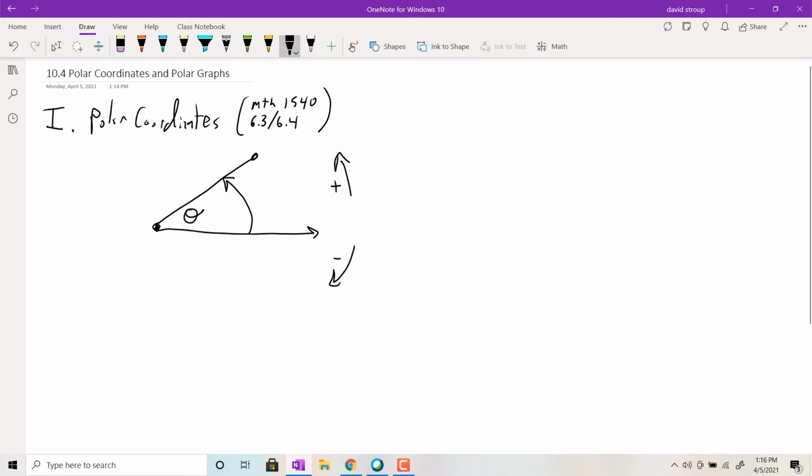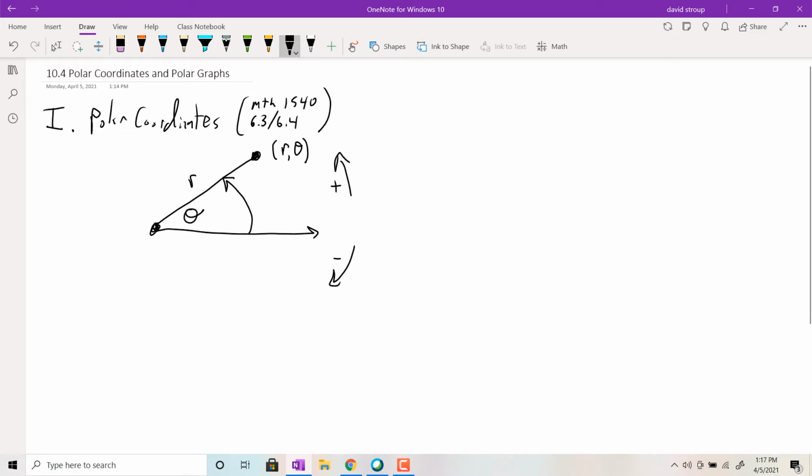And we'll describe this point anywhere in the plane via this angle theta and the distance along this side, something they call the terminal side. The distance here we'll call r. So this point we can describe with r and theta.